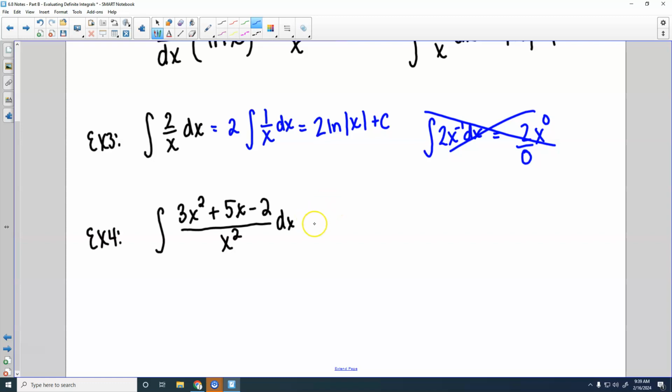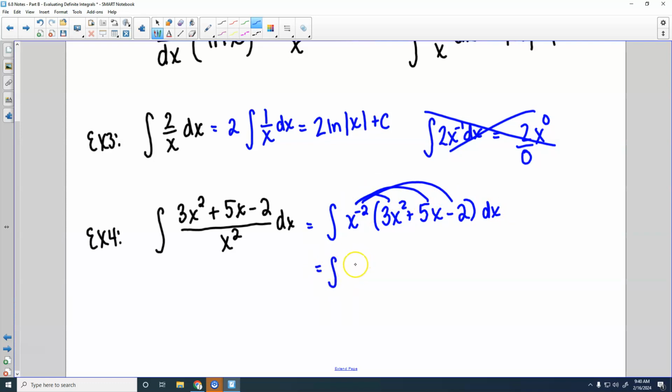We can make that x to the negative 2 times 3x squared plus 5x minus 2. And then we could distribute that negative exponent. So that would give me just 3, because the negative 2 and 2 would cancel each other out. Then I would have plus 5x to the negative 1 minus 2x to the negative 2.